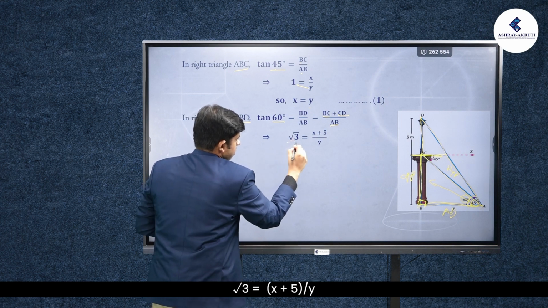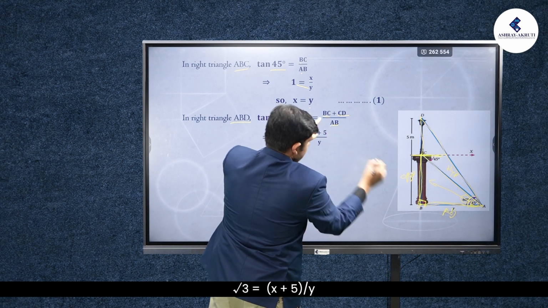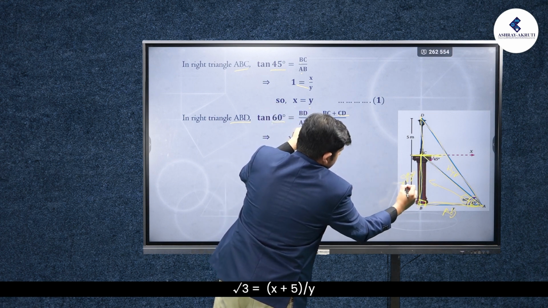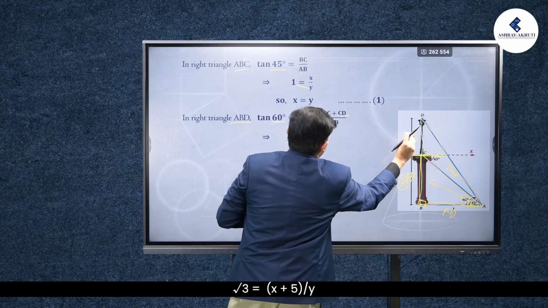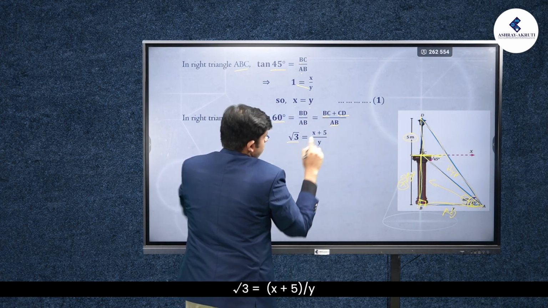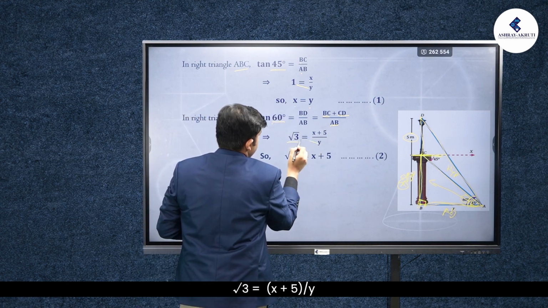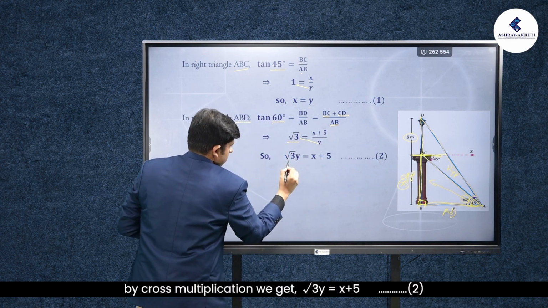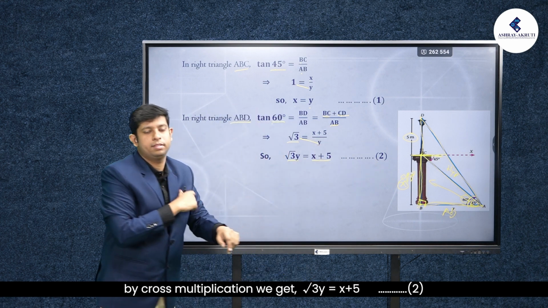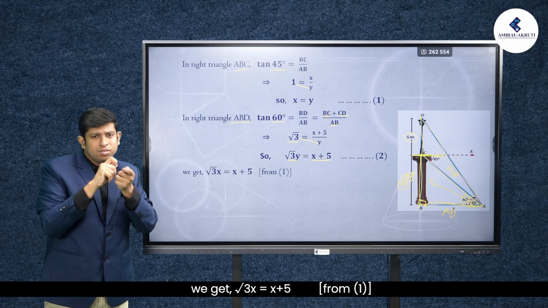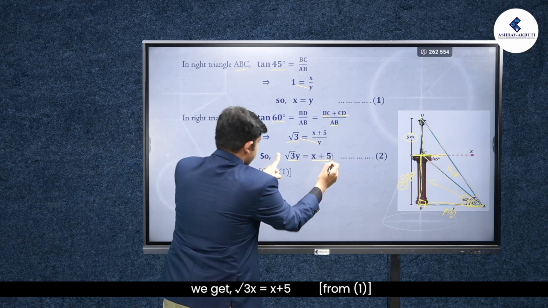Root 3 is equal to x plus 5 by y. By cross multiplication, we get root 3y is equal to x plus 5, consider it as 2. We get root 3x is equal to x plus 5 from 1.